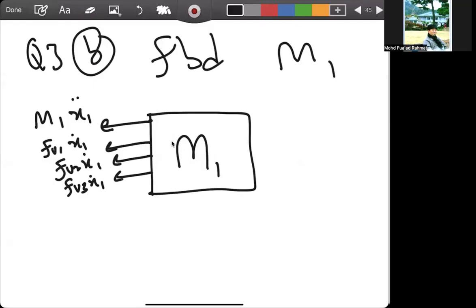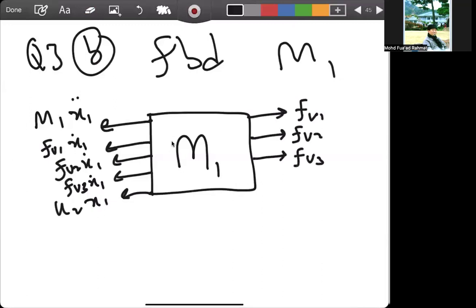That is the frictions. And then the spring, K2 x1. And then on the right hand side is the FV1, FV2, FV3 x2 dot, and then K2 x2.